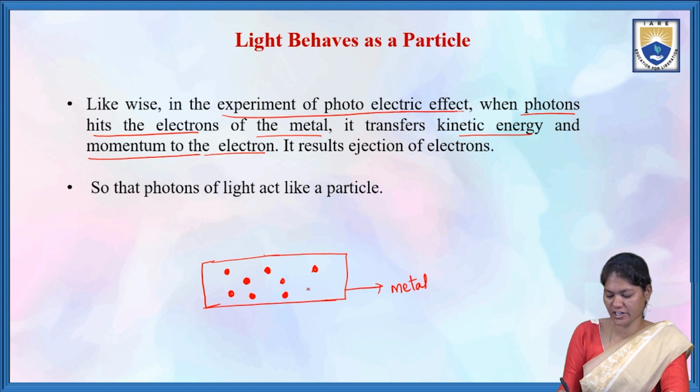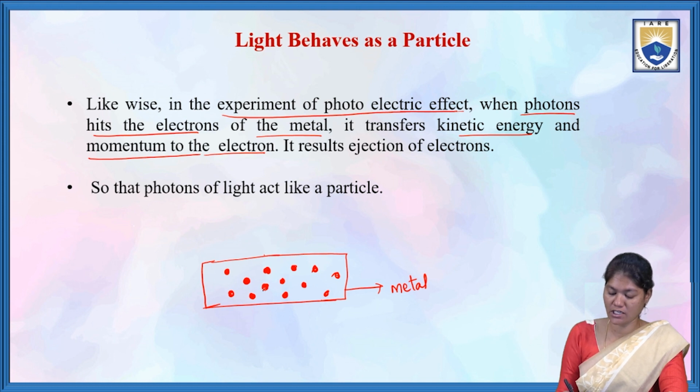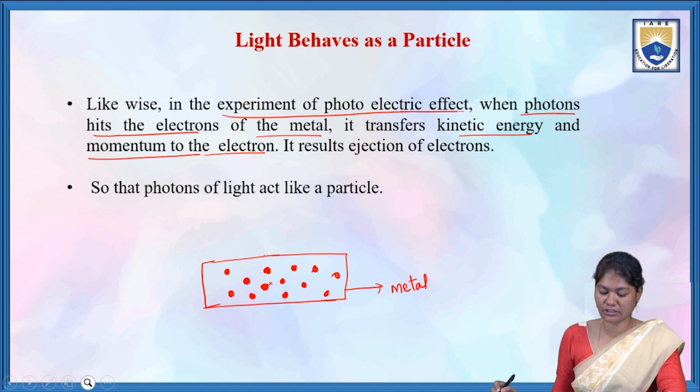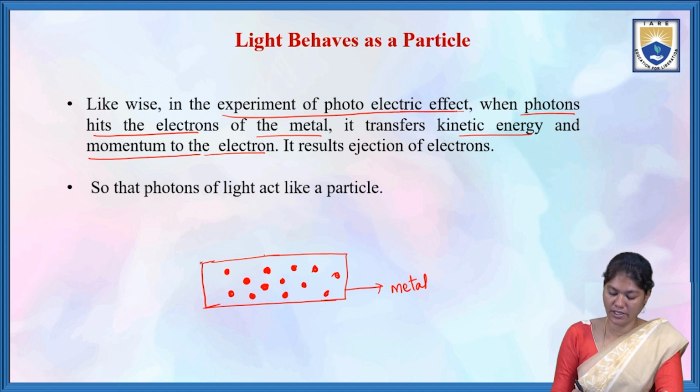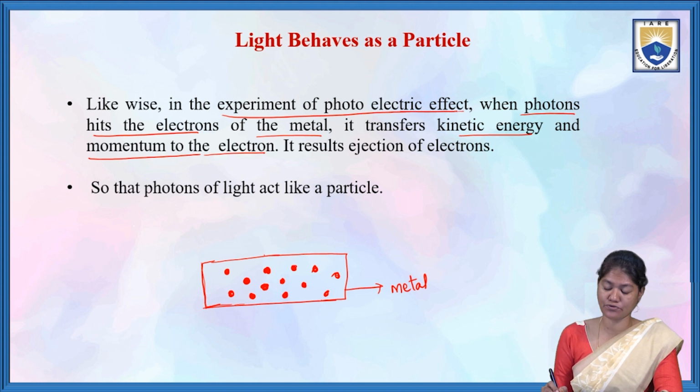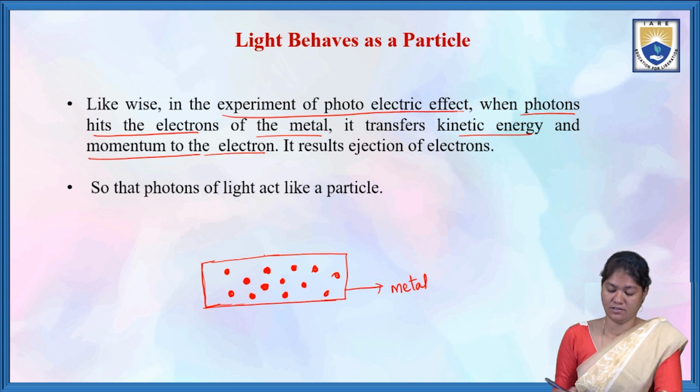There are many atoms, and in those atoms, electrons are revolving around the nucleus in different orbits. There are electrons occupying the valency level. When they gain energy, they detach from the atom, that is, they come out from the outermost orbit.